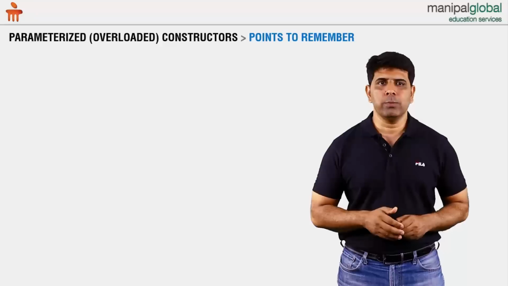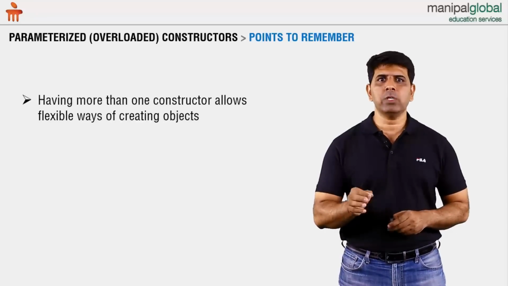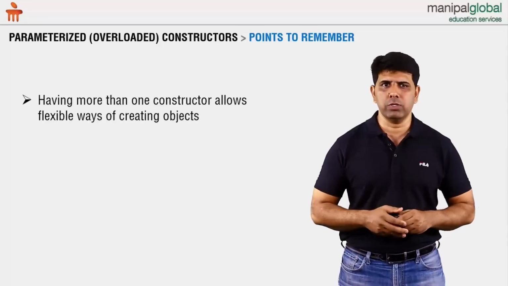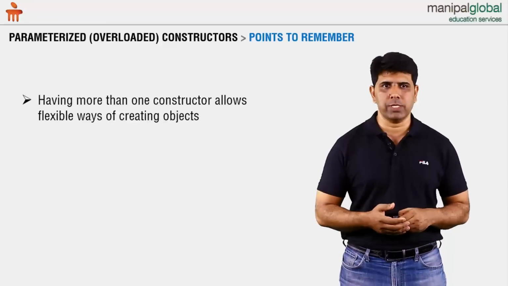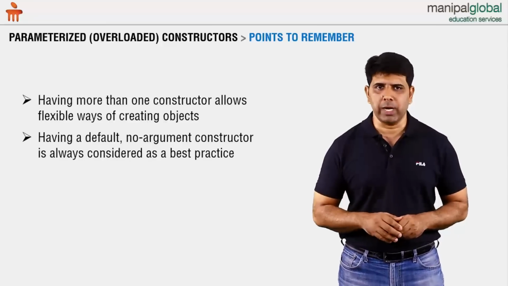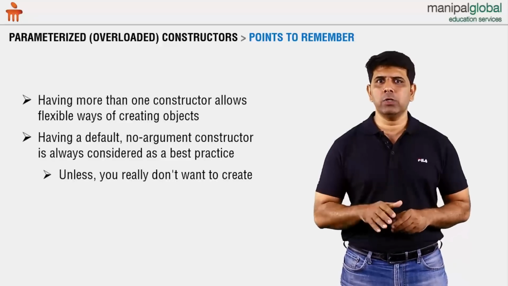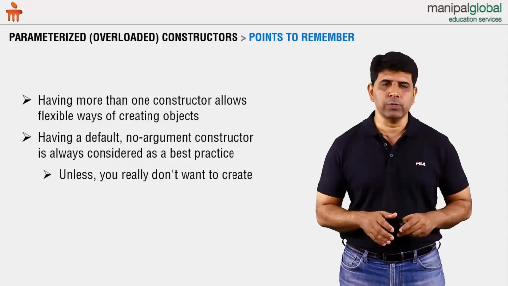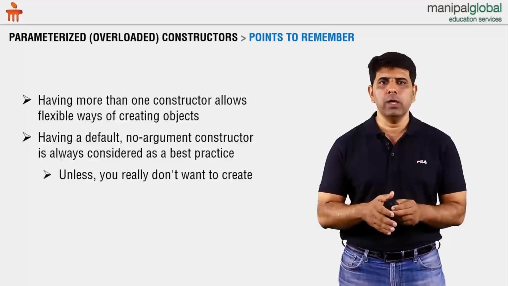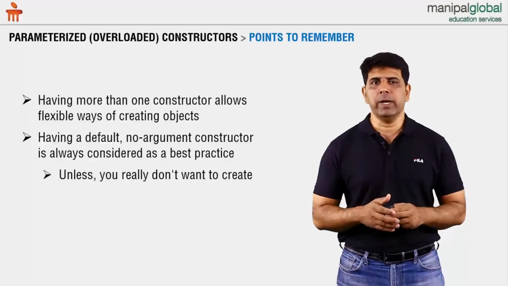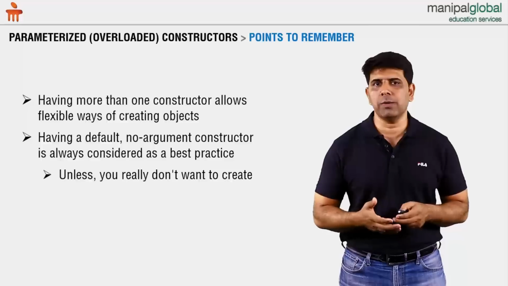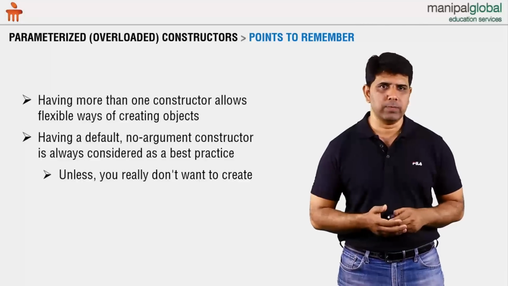Some points to remember at this point: having more than one constructor allows flexible ways of creating objects, so you get a lot of choices to create an object. Having a default no-argument constructor is always considered a best practice. But if you really don't want to create one, then you don't have to, because there are some API classes, for example a class called Cookie that takes two strings as arguments, and that is the only constructor available, which means if you want to create a Cookie object, you have to supply two strings.